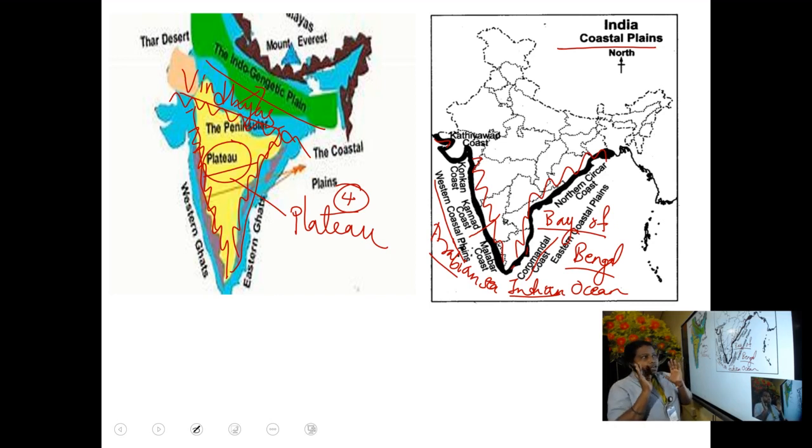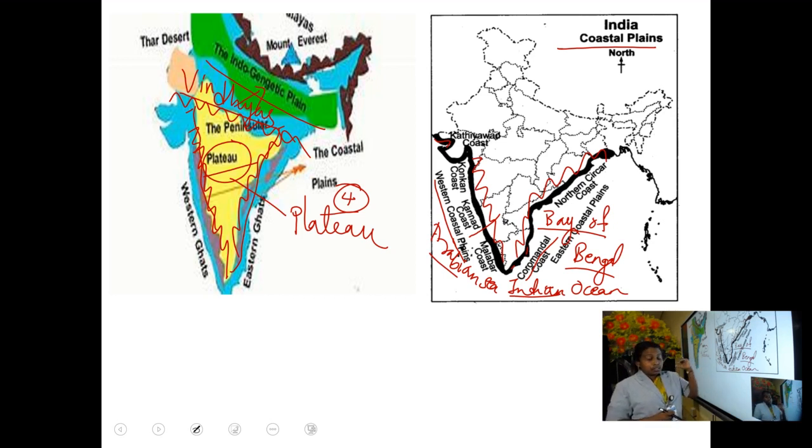So you have to understand that we have a long coastline because the southern part of India is covered with ocean. That is, in the eastern part we have the Bay of Bengal and in the western part we have the Arabian Sea. In the south we have the Indian Ocean. So we have coastal plains in India.